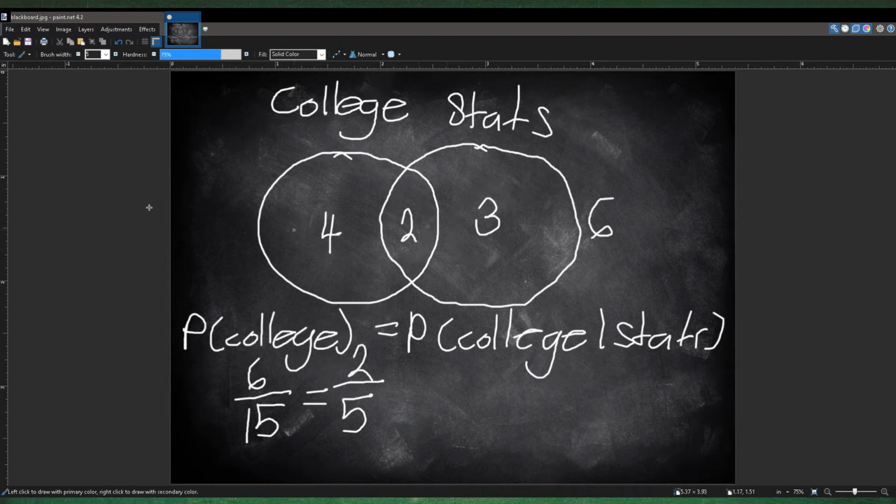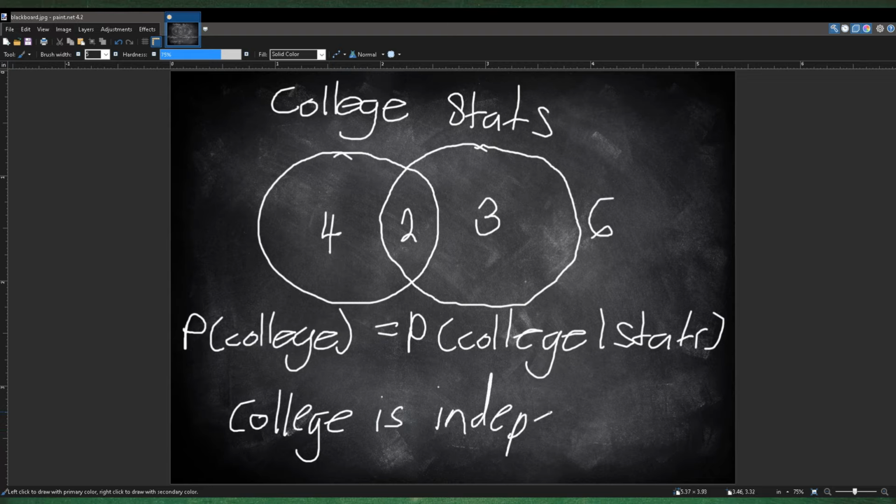So that's 2. When you simplify 6 out of 15, divide by 3 in the top and the bottom. 6 divided by 3 is 2. 15 divided by 3 is 5. And 2/5 is equal to 2/5. So this basically tells us that college is independent of stats. That's how you find it out.